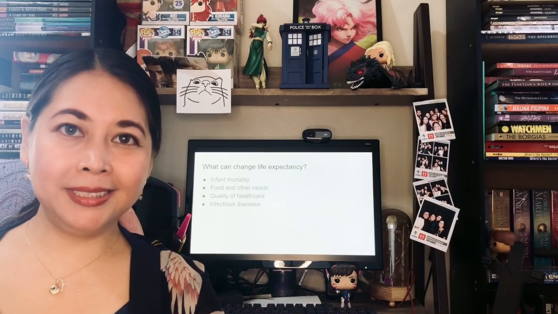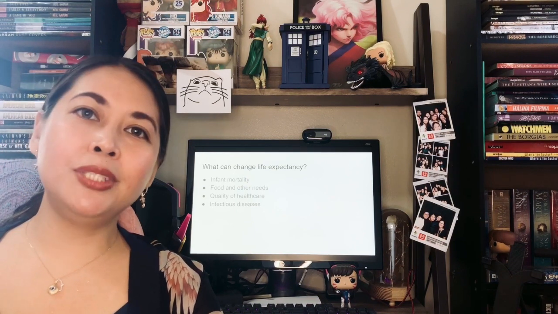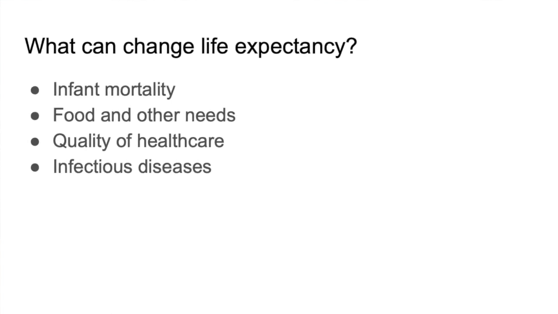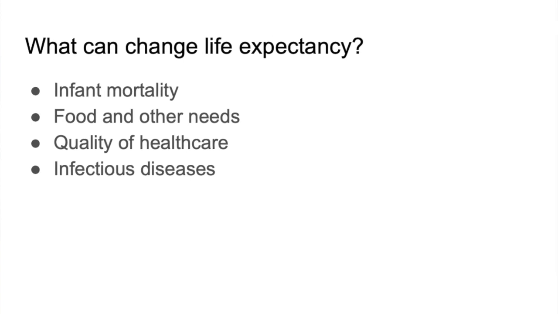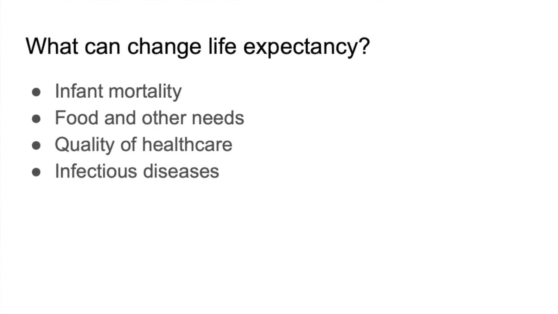Some of the factors that allowed human life expectancy to increase include reduced infant mortality. A lot of children that are being born now are protected and are born in a safe environment. Unlike in ancient nomadic times, children are the most fragile organisms and they can actually die very young due to lack of resources and safety.